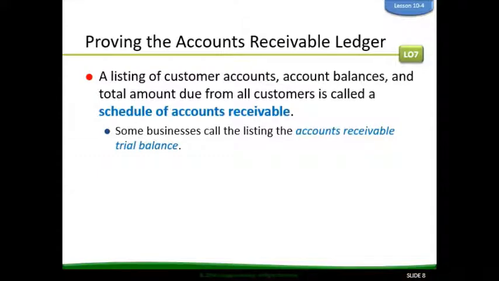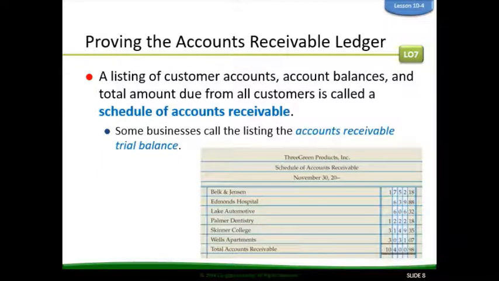Some businesses call the listing the accounts receivable trial balance. This should look familiar to you. It's similar to how we listed accounts payable in Chapter 9. So you have the company name, you have the name of the form or the statement, and you have the current date.